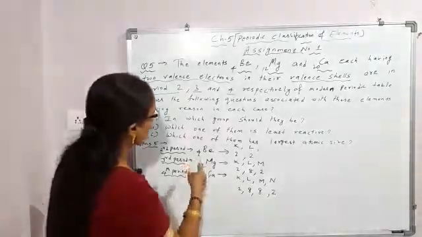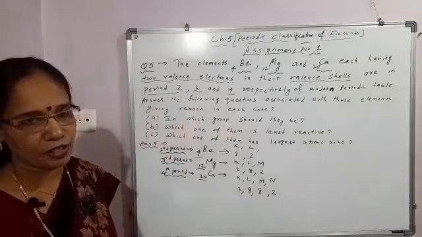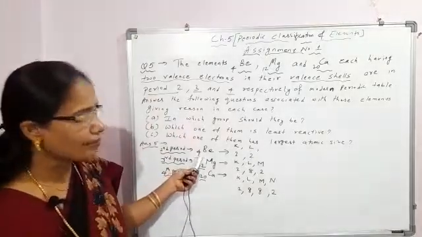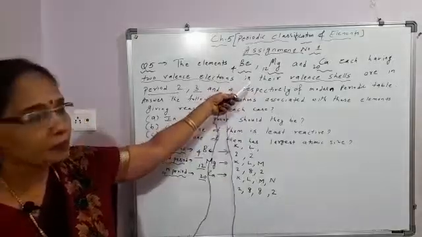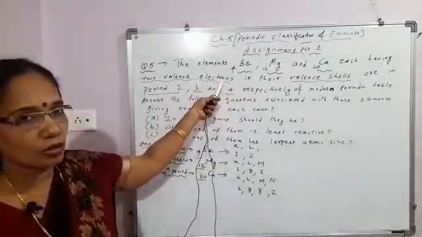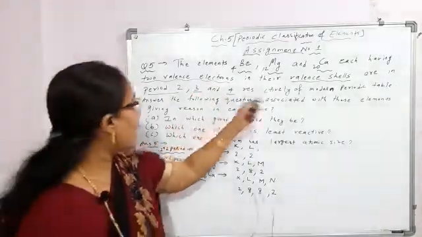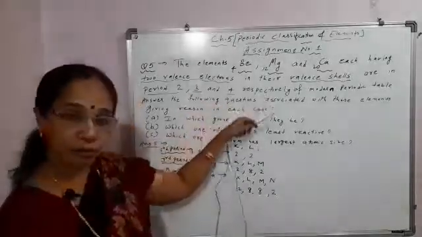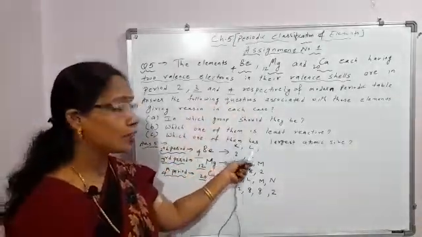Otherwise, students, atomic number is also given, so directly you can do the electronic configuration. If atomic number is not given in the question, you will take the help of this clue. These 3 elements have 2 valence electrons, means electrons in the outermost shell is 2 for all the 3 elements. They are in period 2, 3 and 4. So second period means how many shells electrons filled? 2.